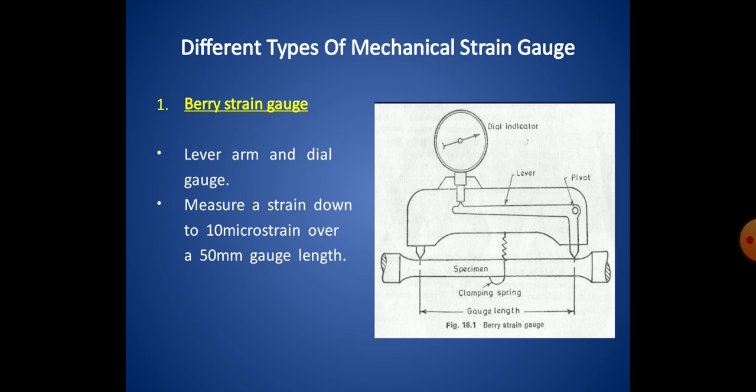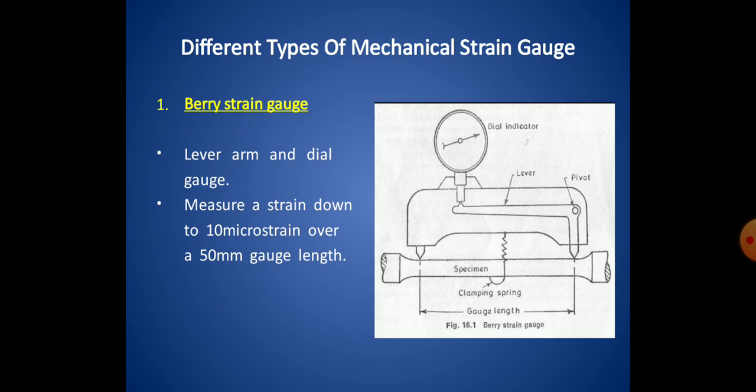Mechanical strain gauges have different types, that is the Berry strain gauge. This is most commonly used. At the center you can see the specimen and clamping points, and then the two knife edge points, between which is called the gauge length.